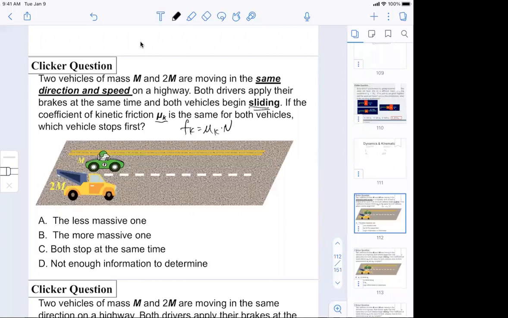We are going back to this question, but before we do, I want you to go ahead and simply vote based on your intuition, not any calculation. Don't overthink this and simply vote.